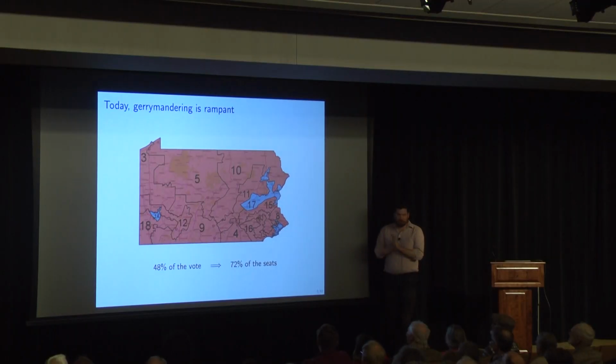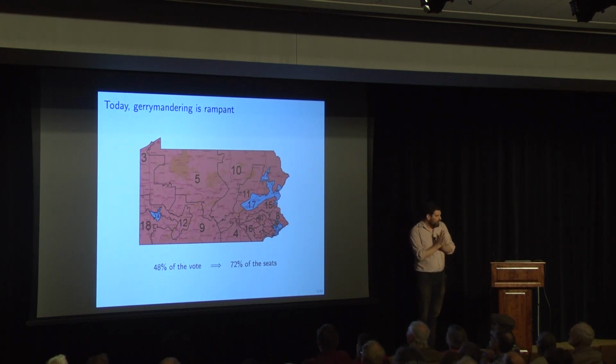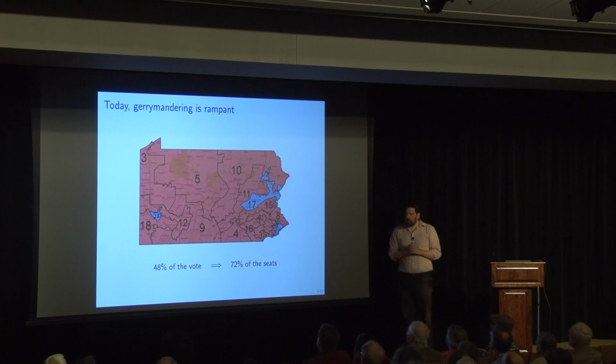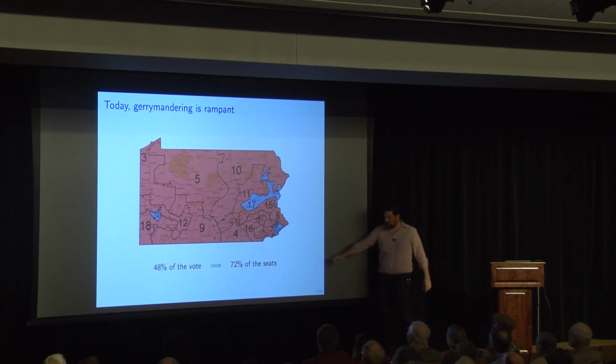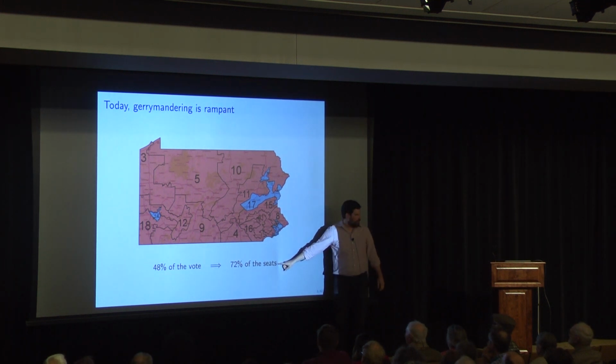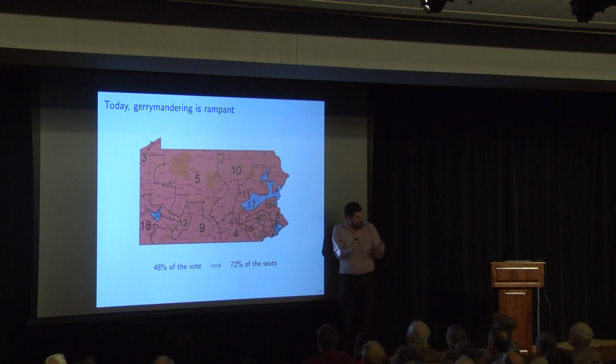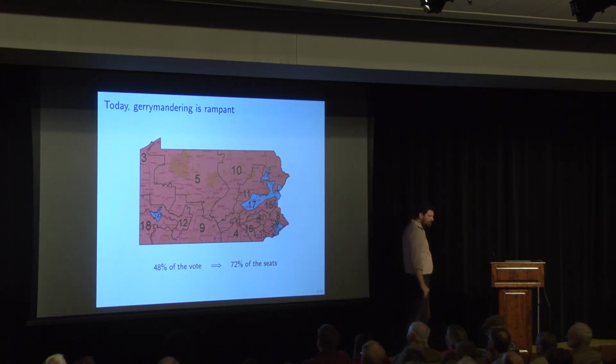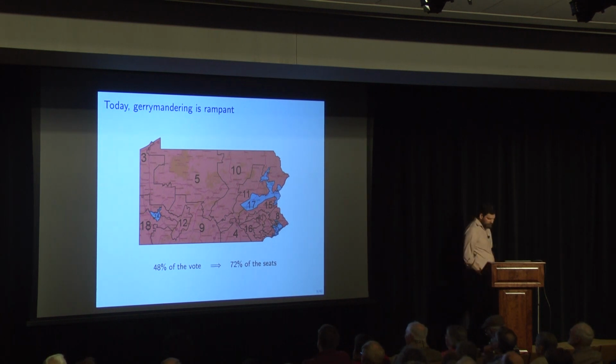Here's Pennsylvania. This map is interesting. It was proved in Pennsylvania State Court that if you wiggle the boundaries just a little bit, no matter how you wiggle them, the results completely change. This is finely tuned in order to get this outcome. Okay? So that's interesting.